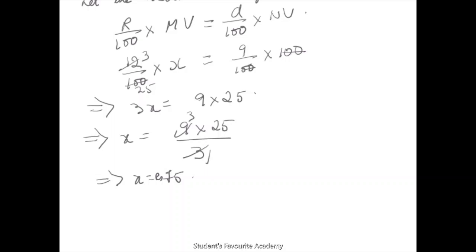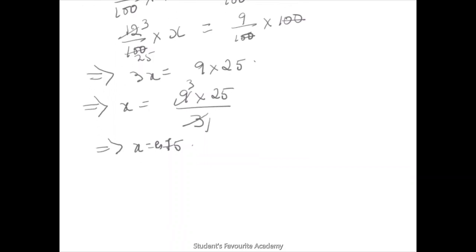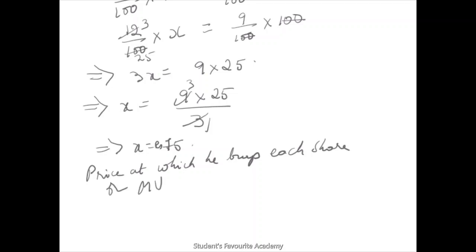Okay. So therefore, price at which he buys each share, or that is nothing but market value, is equal to rupees 75. Is it clear? That is the answer. Okay.